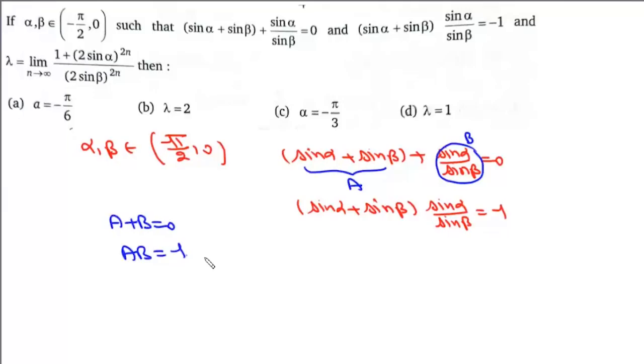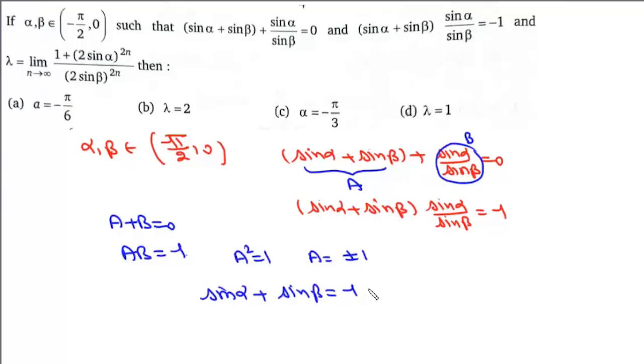Now a equals minus b, so we can write a square equals 1, or the value of a is plus or minus 1. Now since both these angles, they are in fourth quadrant, it cannot be positive. So that means sin alpha plus sin beta, it should be minus 1.